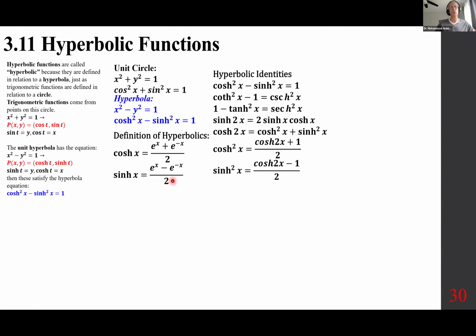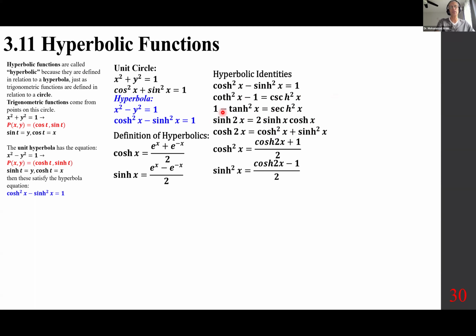Now we have them with hyperbolic functions. Similarly, for example, cosh squared minus sinh squared equals 1. Hyperbolic cotangent squared minus 1 equals hyperbolic cosecant squared x. 1 minus hyperbolic tangent squared x equals hyperbolic secant squared x. Sinh 2x is 2 sinh x cosh x.